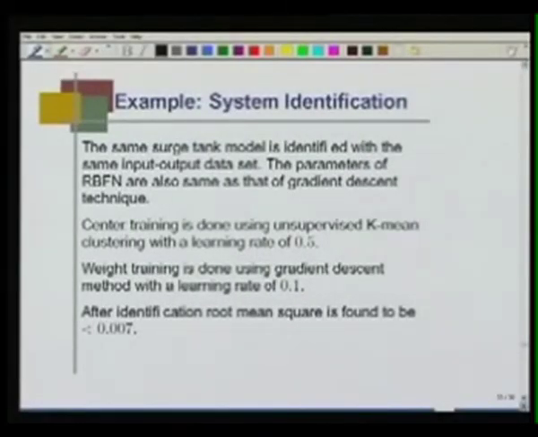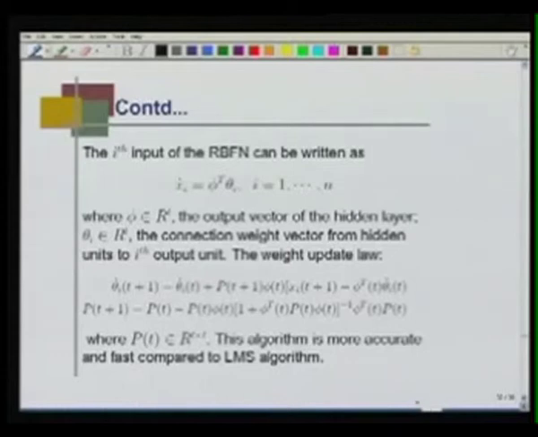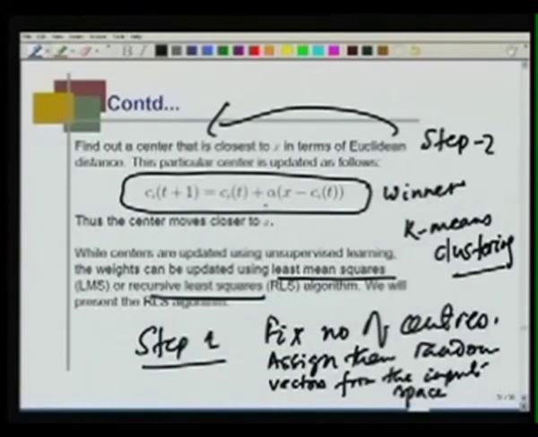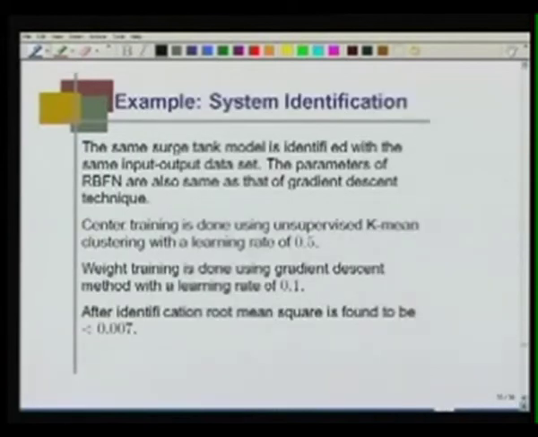The surge tank can also be modeled using this hybrid learning, where k-means clustering has been used with the learning rate alpha is 0.5, and the gradient descent method has been used for weight update, where this is eta and this is alpha. The training is terminated when the root mean square error was less than 0.007.